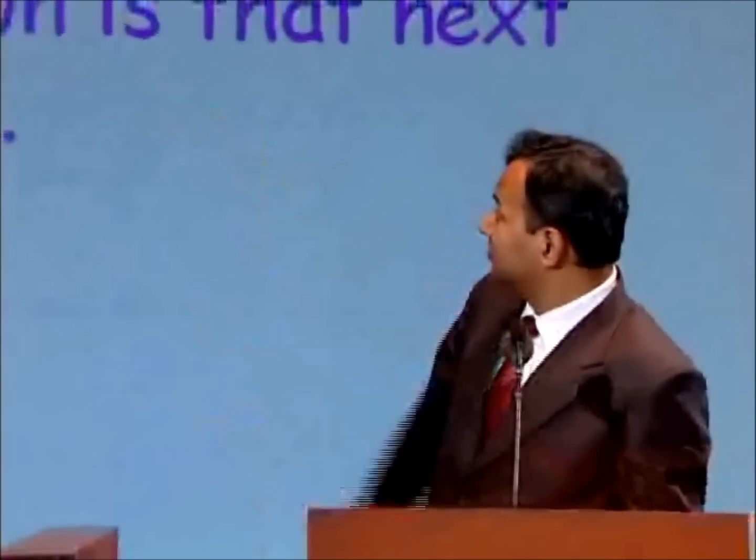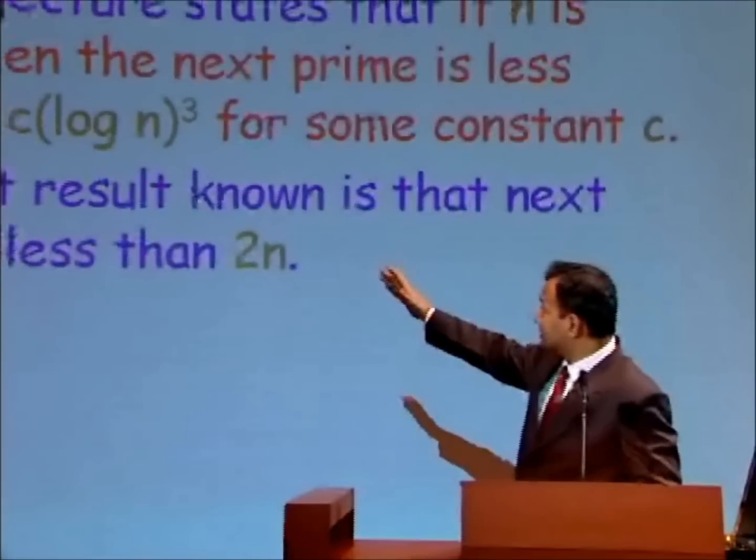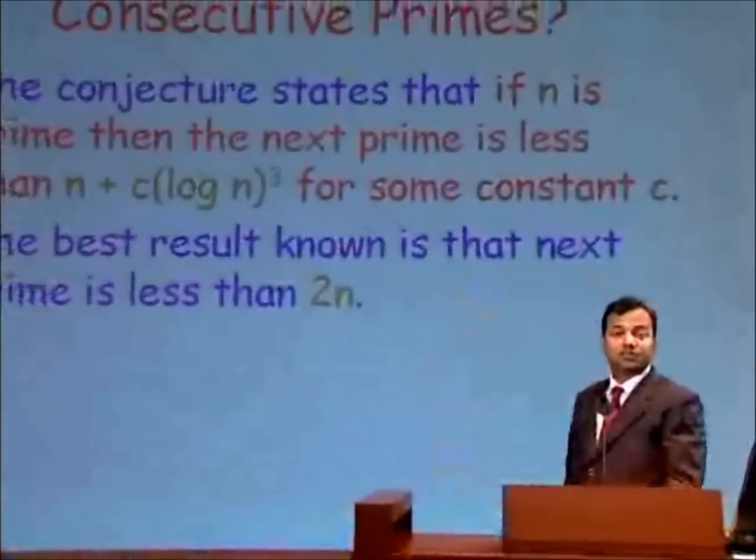The best we know as of now is that if n is prime, then the next prime has to be less than twice n. Perhaps this has been slightly improved, but not much. So there is a huge gap to cover there. The conjecture, which is perhaps believed to be true, is that the next prime is not too far away.